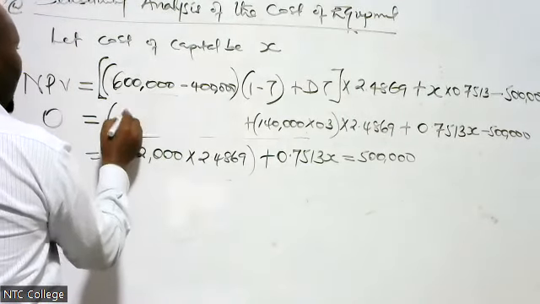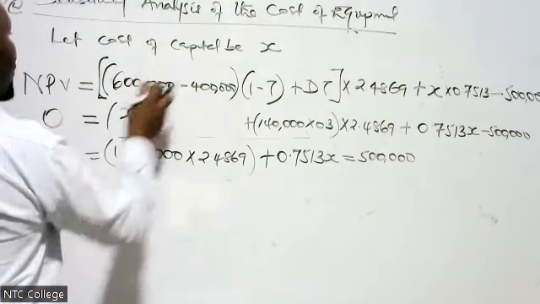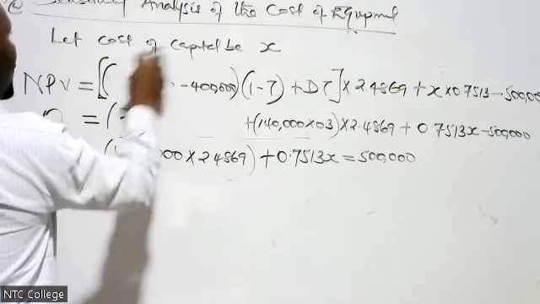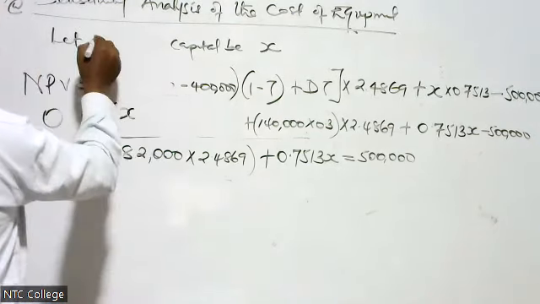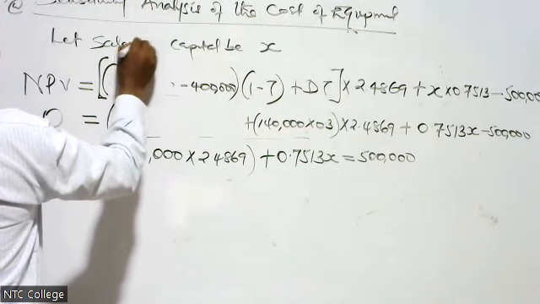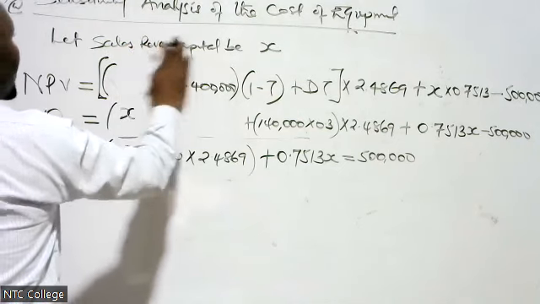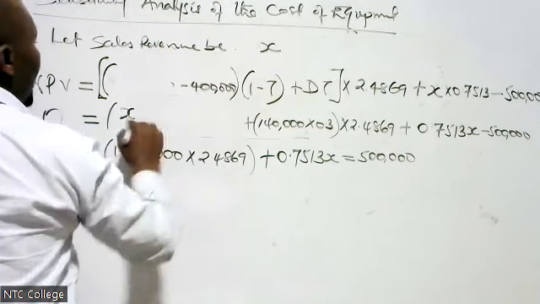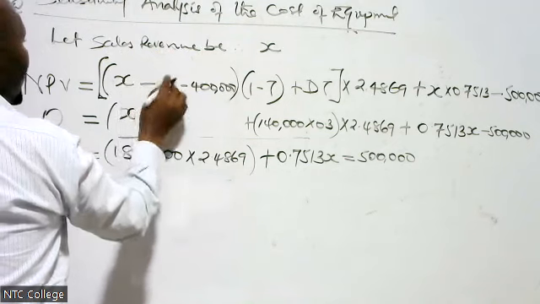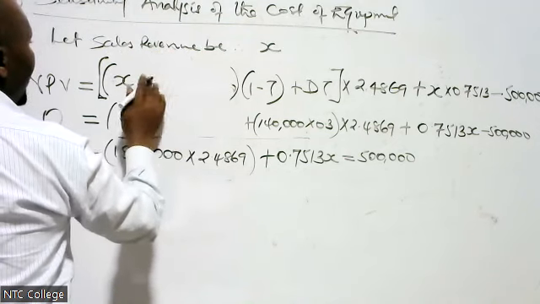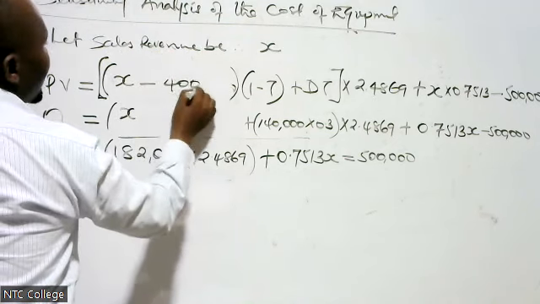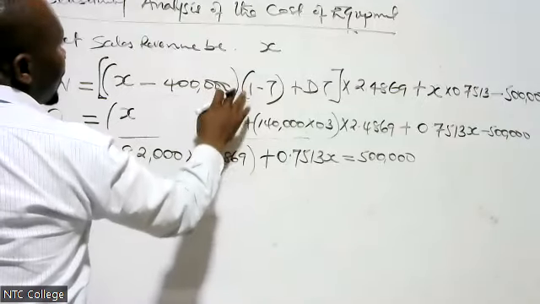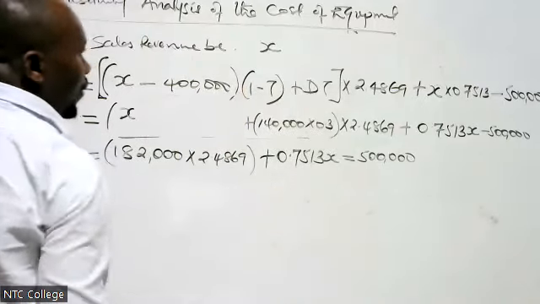We are now having X. So let this be the X. For sales, you say let sales revenue be X, so that we have X minus 400. The rest are okay.